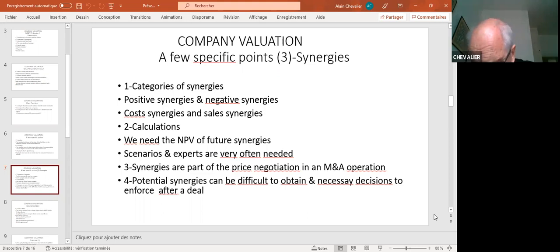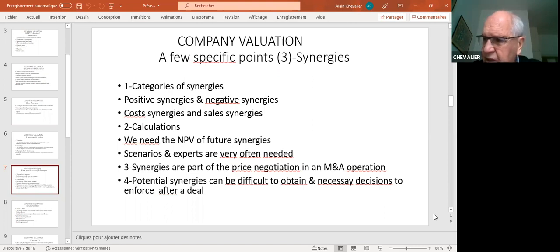And the second point is that we have two categories of synergies: cost synergies and sales synergies. What does it mean? For example, company A makes an acquisition of a company B. They are producing and selling products which are not exactly the same, but which are compatible and which are supposed to be bought by the same kind of customer.